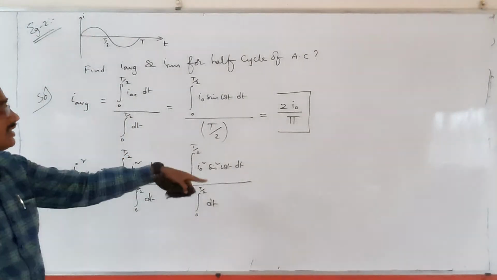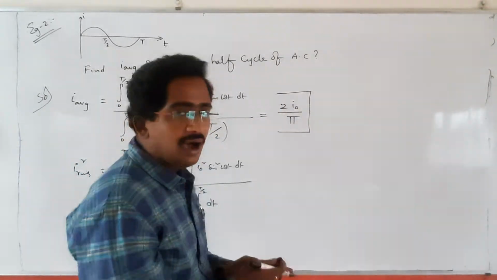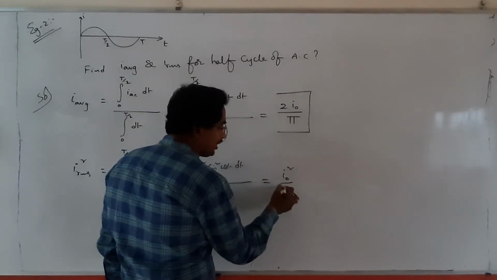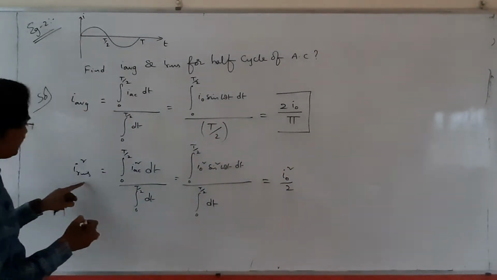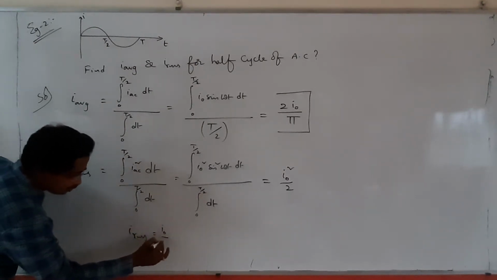If you solve this as I did in the first problem, the answer we get is I naught square by 2 again. From that, IRMS equals I naught by root 2 only.